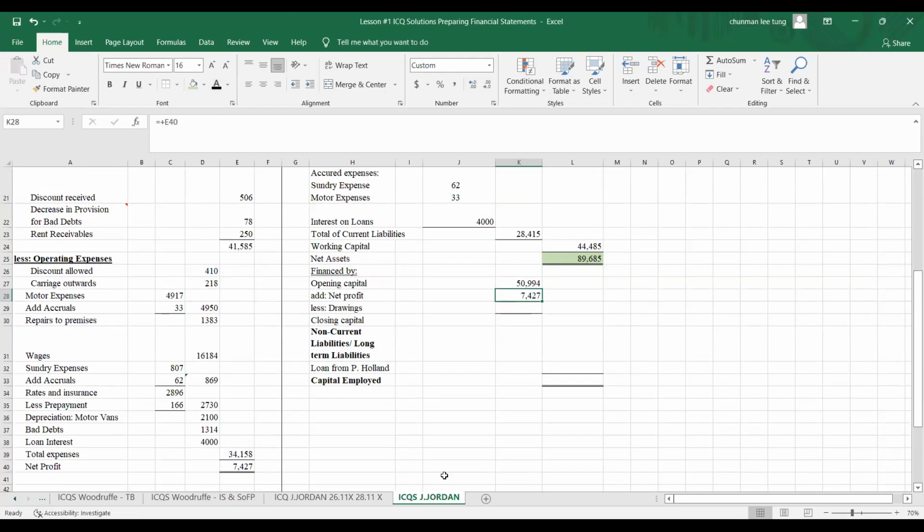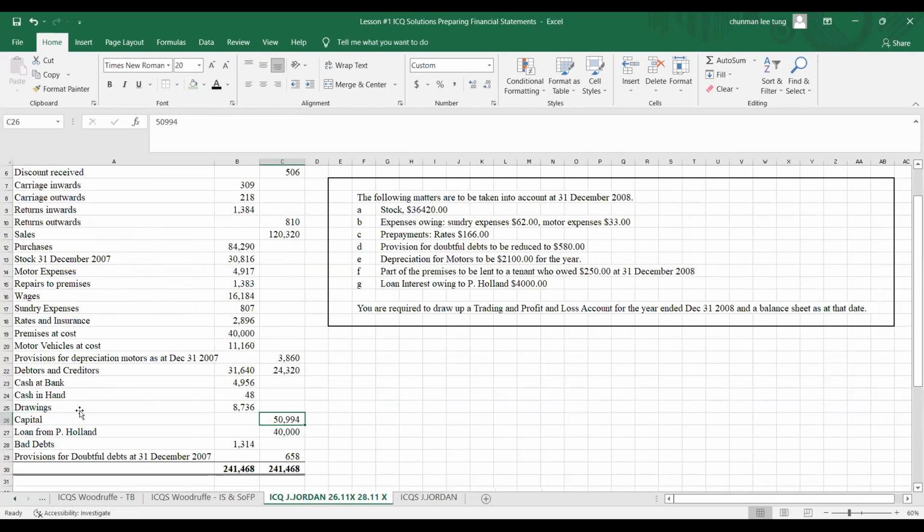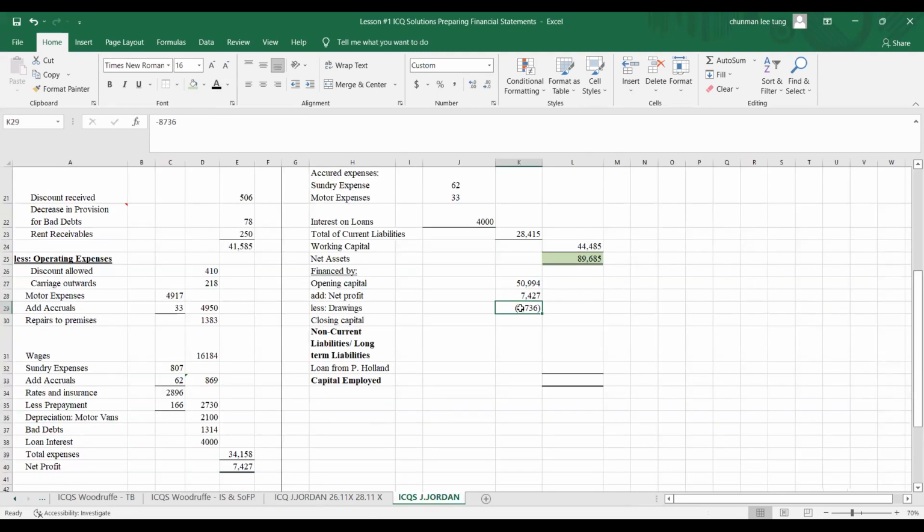That is our net profit. And then we're going to less our drawings of 8,736. How did I get that? Drawings 8,736. It's going to be minus to get our closing capital of 49,685. So we have one figure so far leading up to this balancing figure.